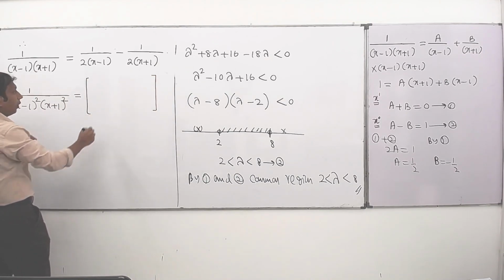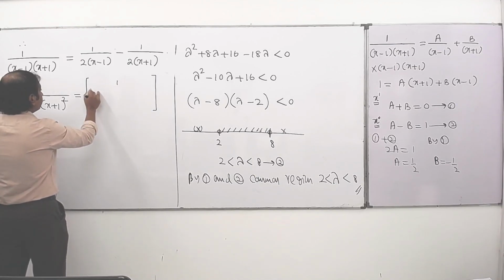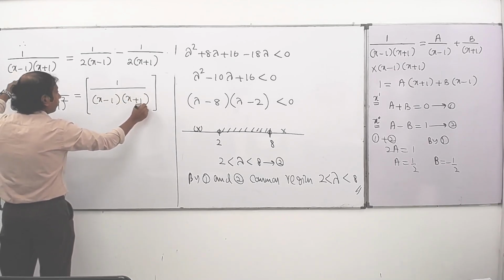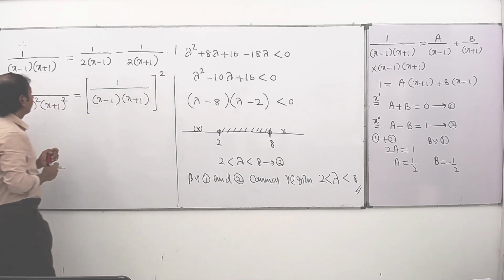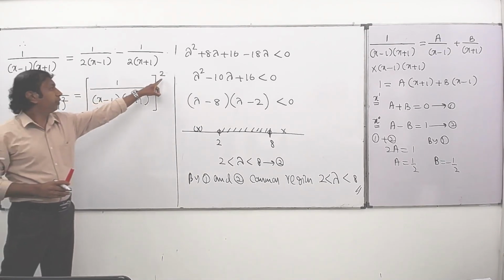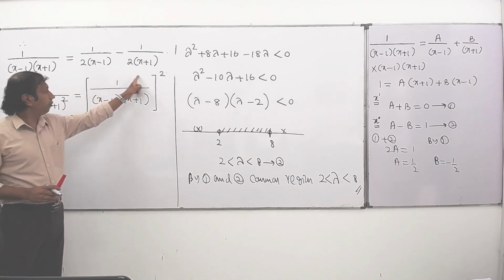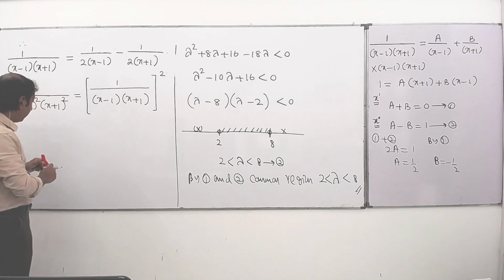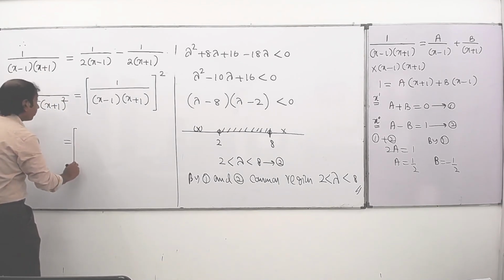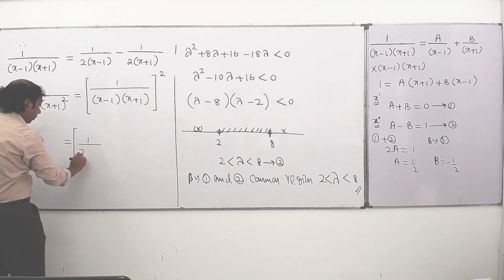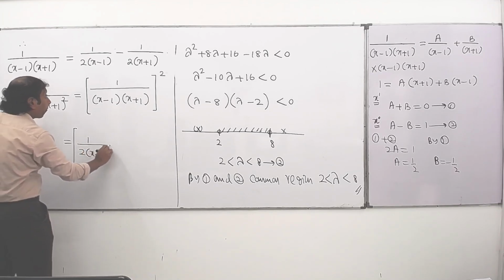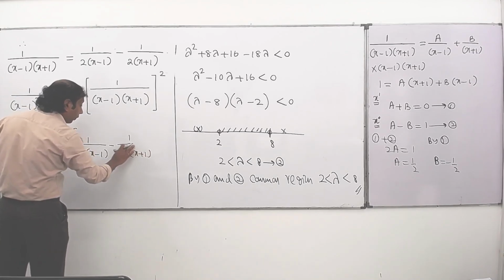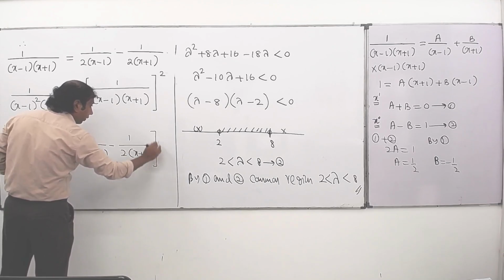This one I can write within brackets: 1 over 2 times (x minus 1) minus 1 over 2 times (x plus 1), perfect square.